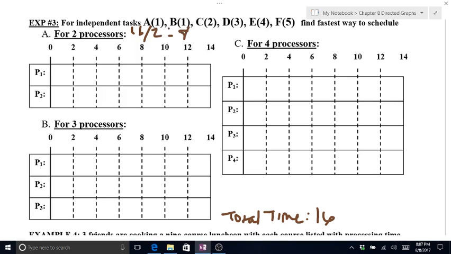Let's see if we can schedule this in 8. D and F can go together. D takes 3, F takes 5. So then everything else. A takes 1, B takes 1, C takes 2, E takes 4.